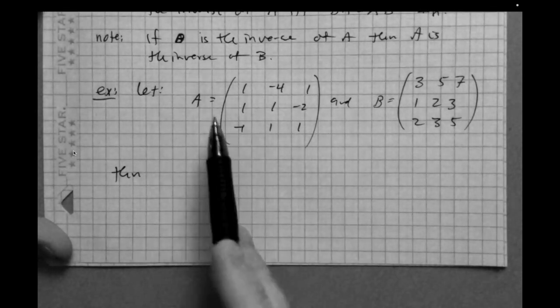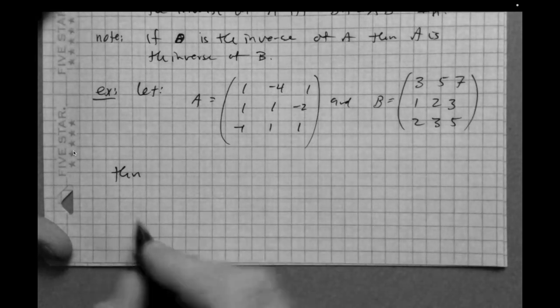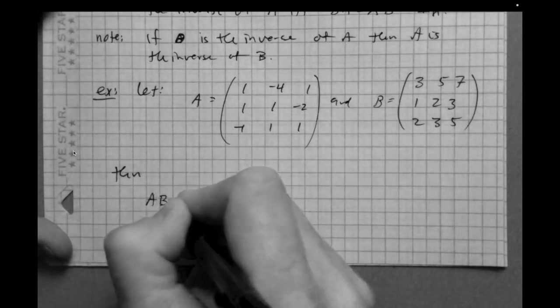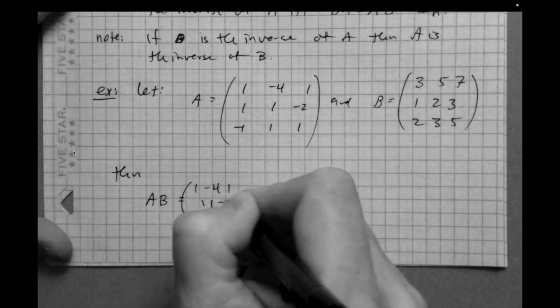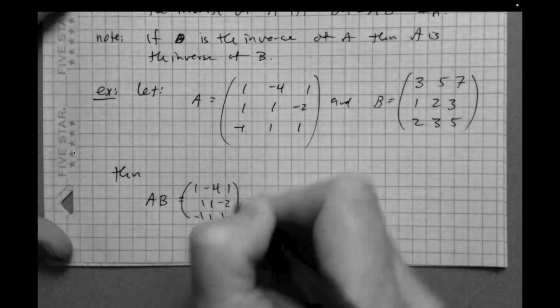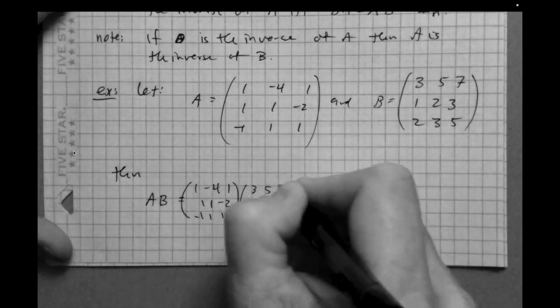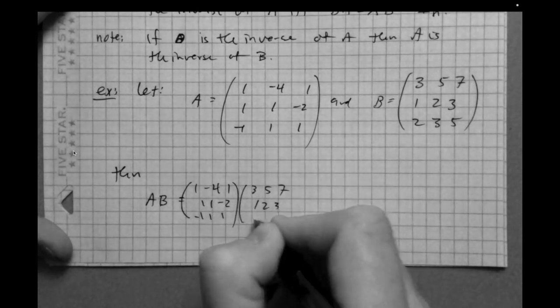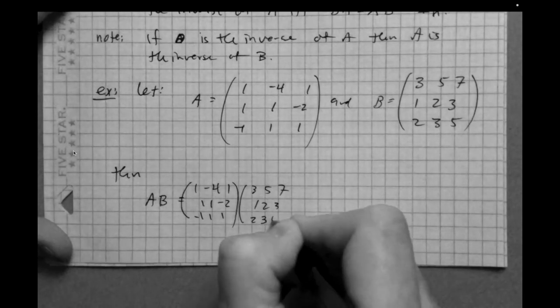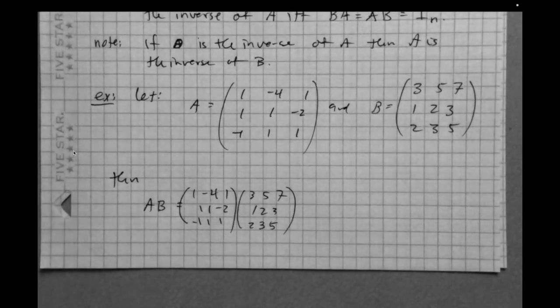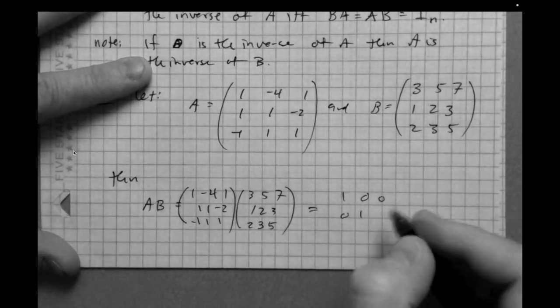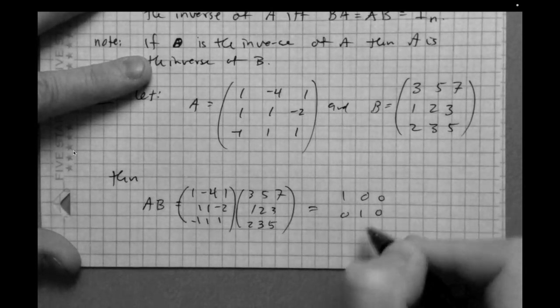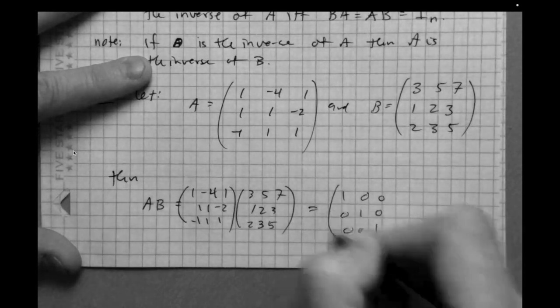B is the inverse of A and A is the inverse of B. You can confirm this multiplication, please do. If you take these two matrices and multiply them together, you do indeed get the identity matrix, the 3 by 3 identity matrix.